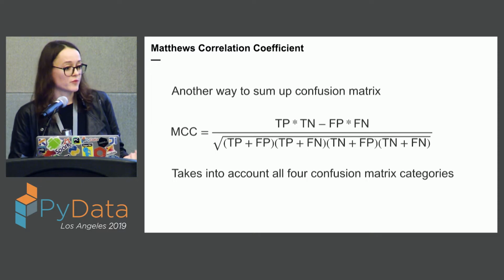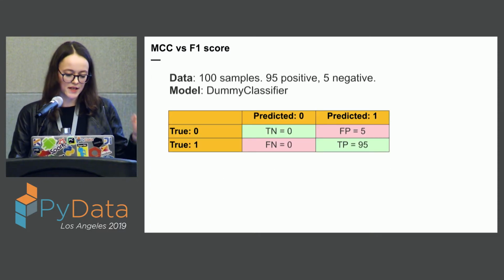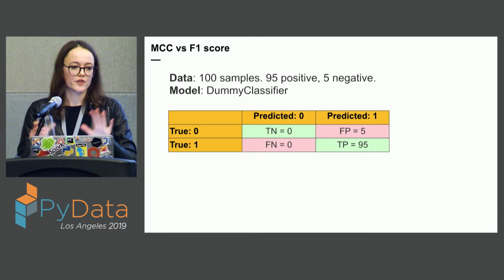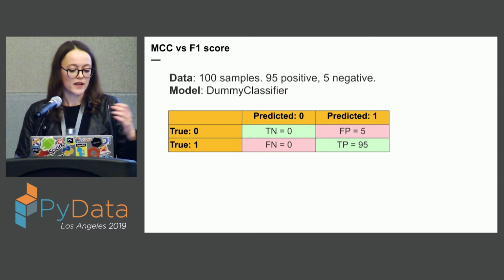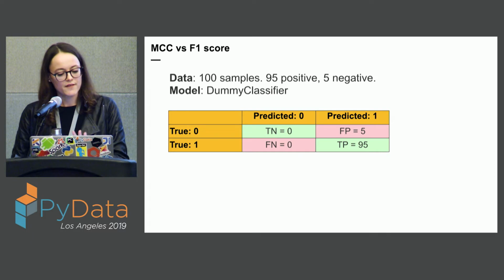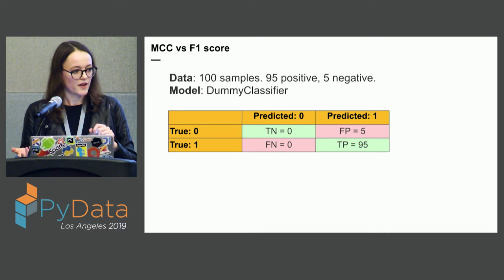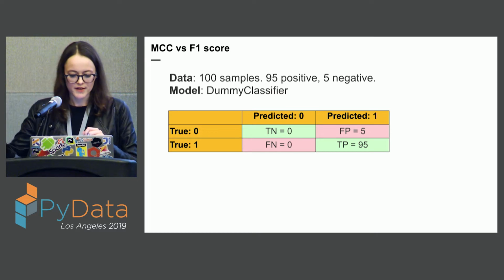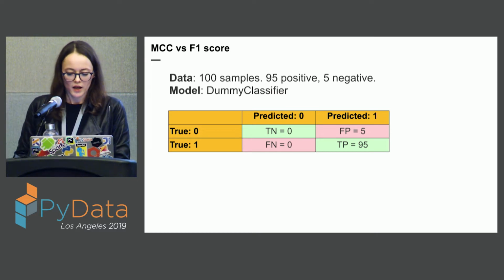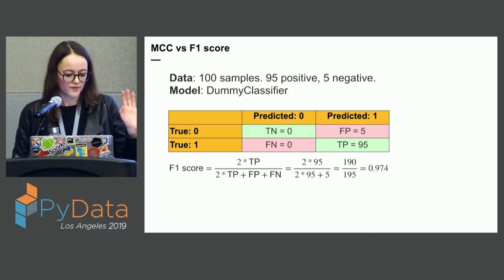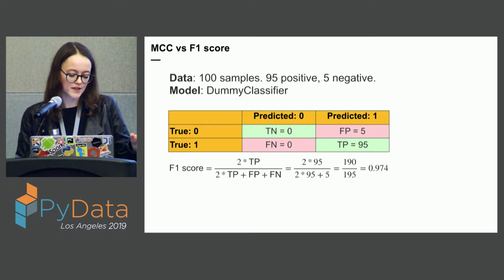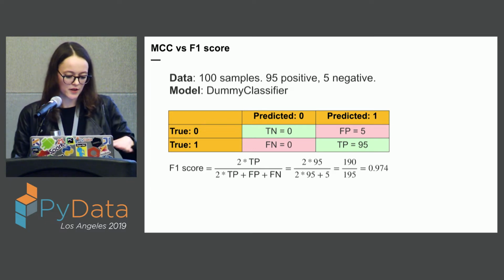Let's compare it with F1 score. First, I'm going to take a very, very artificial example. I have my data of 100 samples, 95 of them positive, 5 negative, and I have a dummy classifier. I'm always predicting that it's positive, so accuracy is going to be 95%. And this is what F1 score is going to be, just doing the math here.